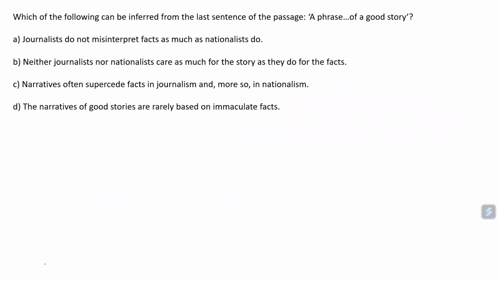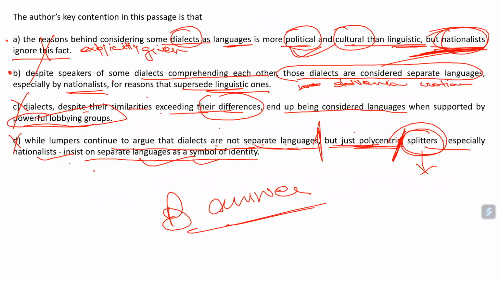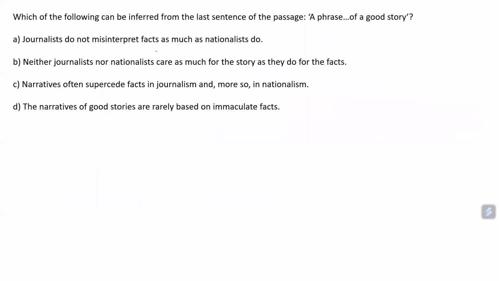The author here is not justifying journalists, right? Whereas in the option, it is given that journalists do not misinterpret facts as much as nationalists do. So he's not trying to make a comparison between the journalists as well as nationalists, right? And along with that, they are not misinterpreting. So that's why this option is incorrect.